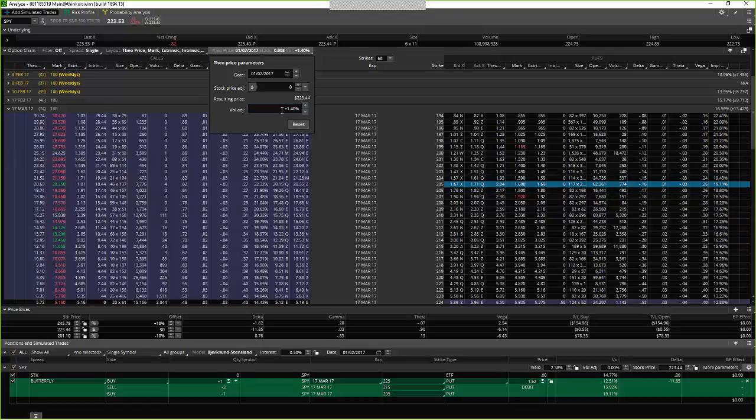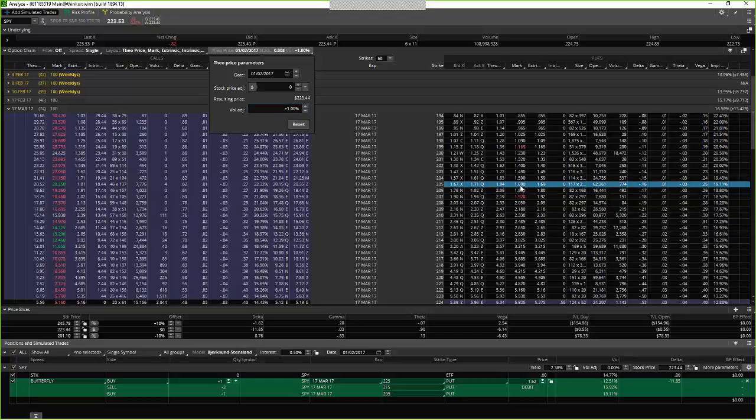Remember what vega says. Let's reset again. Vega says that this price should go up by 25 cents if vol goes up by 1 point. Well, let's call them out on it. 25 cents added to this is what? 184. So let's take this thing up 1 point and see what happens.